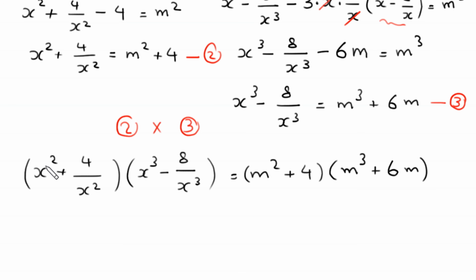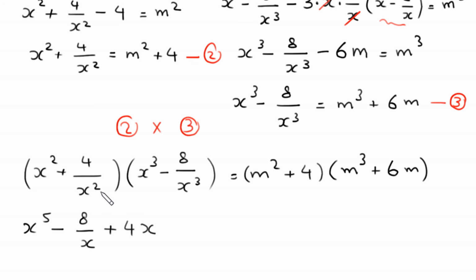Now this x squared times x cubed will become x to the power 5, and x squared times negative 8 over x cubed will become negative 8 over x. This 4 over x squared times x cubed will become plus 4 times x.